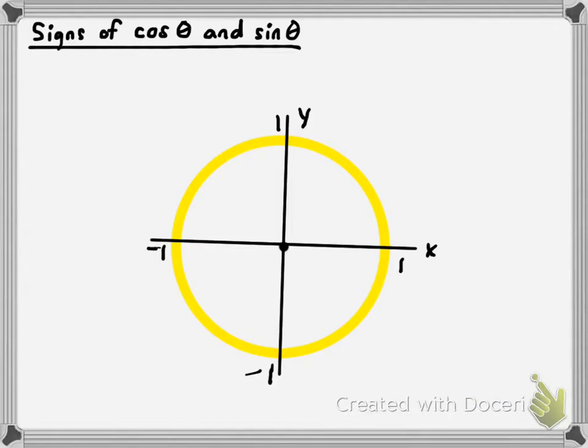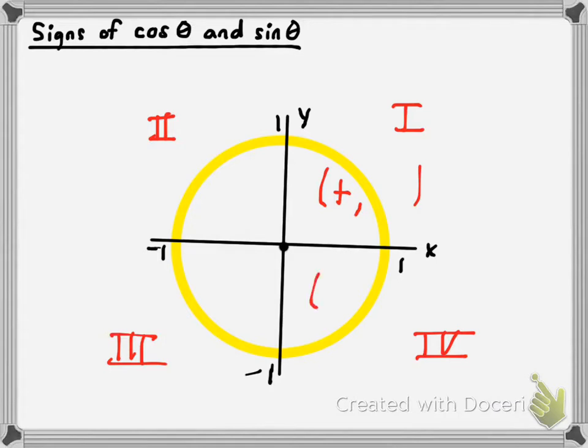So remember the quadrants go counterclockwise, just like the degrees do in the coordinate plane. Remember, it goes 0 to 90 to 180. Well, we go quadrant 1 to quadrant 2, quadrant 3, and quadrant 4. And if we're thinking about the x-coordinates in each of these quadrants, in the first and the fourth quadrant, x-coordinates are positive, aren't they?